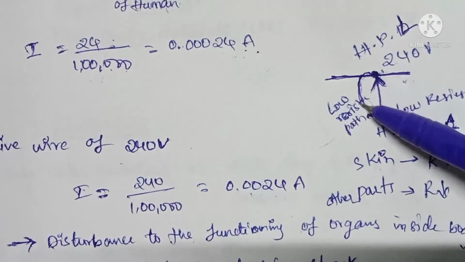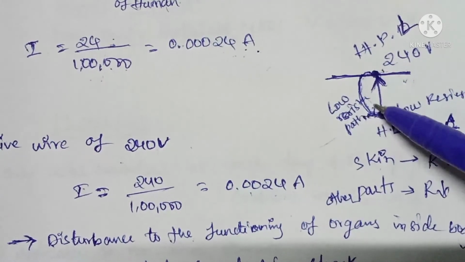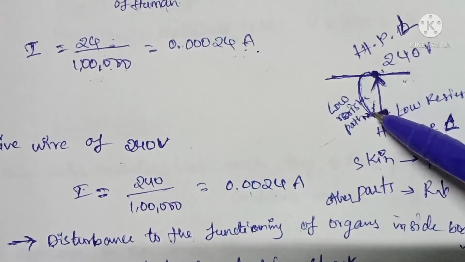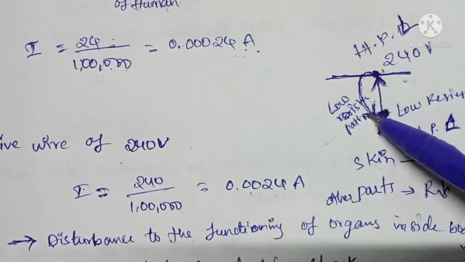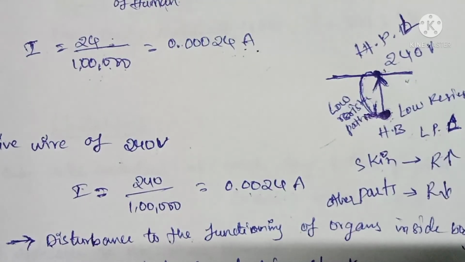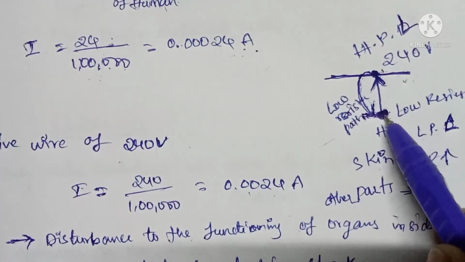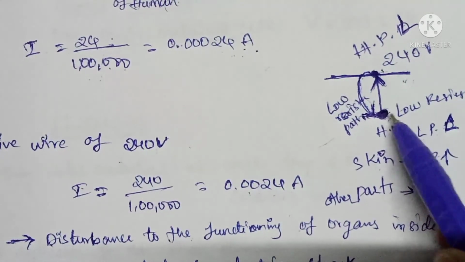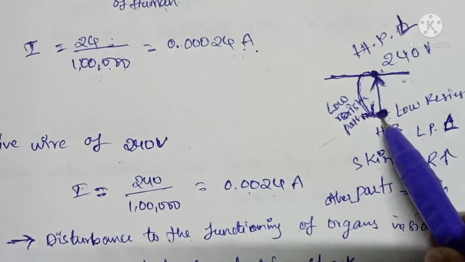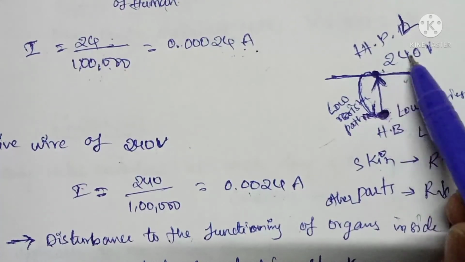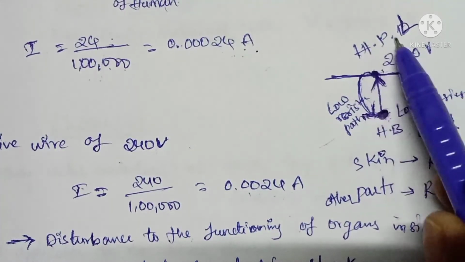Our body offers less resistance, and current always passes through the low resistance path. Current always chooses the low resistance path. We are standing on earth, which is at zero potential level, and the 240 volt live wire is at a high potential level.